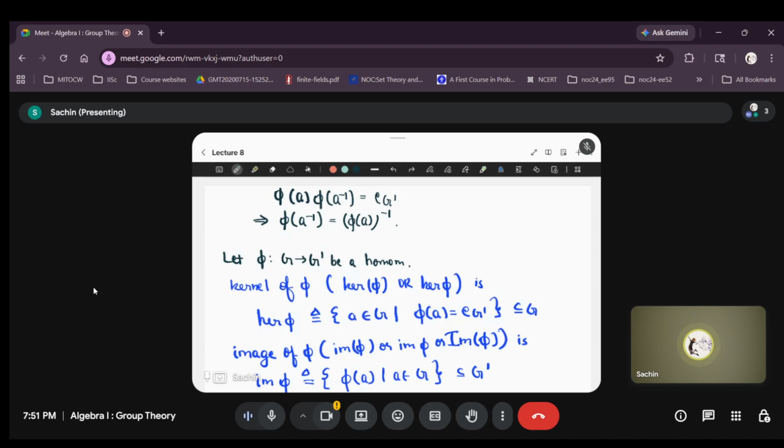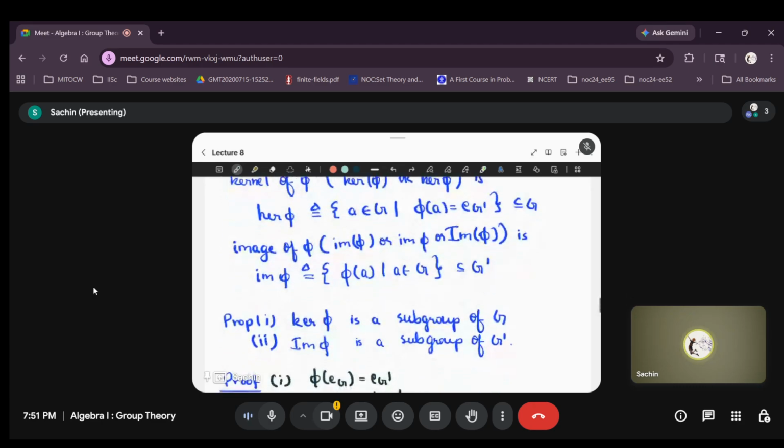So for different phi, you will get different kernels. Similarly with image also.